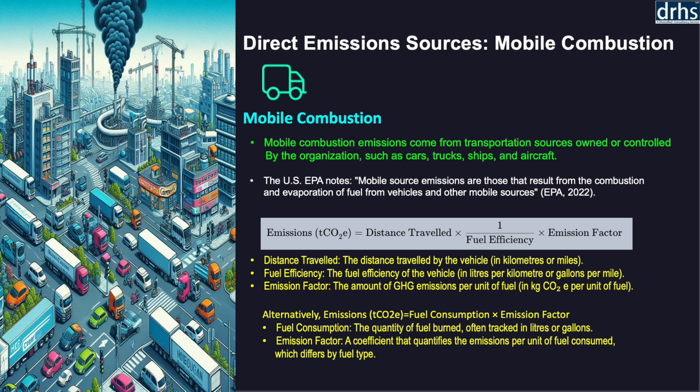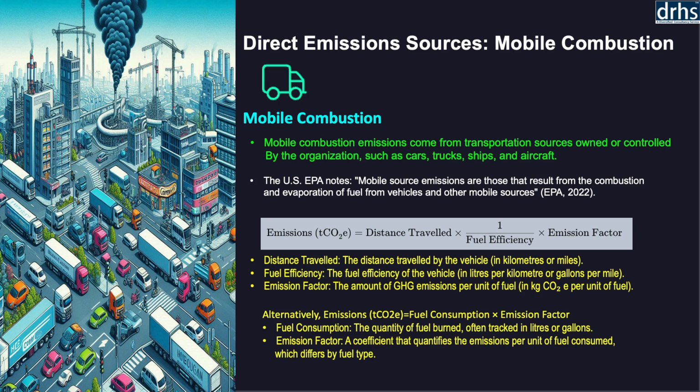Mobile combustion is a critical component of an organization's carbon footprint, especially for companies with large fleets or significant logistic operations. The emission can vary widely depending on the types of vehicles used, their fuel efficiency, and the distance traveled. Organizations can reduce emission from mobile combustion by adopting more fuel efficient vehicles, using alternative fuels such as biodiesel or ethanol, electric vehicles, and optimizing routes to minimize travel distance.